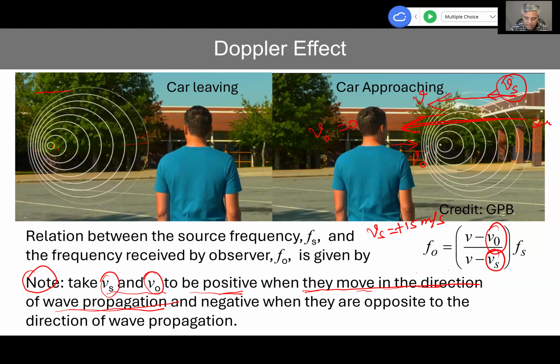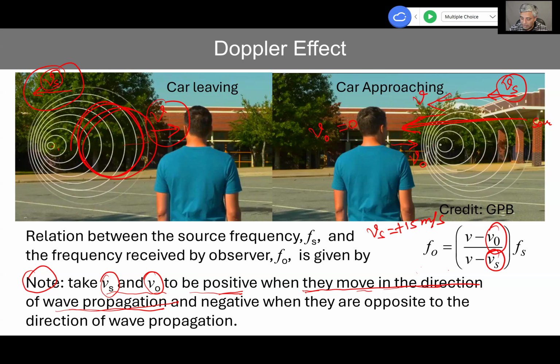The source is moving this way, so the velocity of the source is still that, but the sound that we are receiving in our ear is moving that direction. You see that? So in this case they are moving in opposite directions, which means when we are calculating the frequency for this case, we need to take the source velocity as negative.